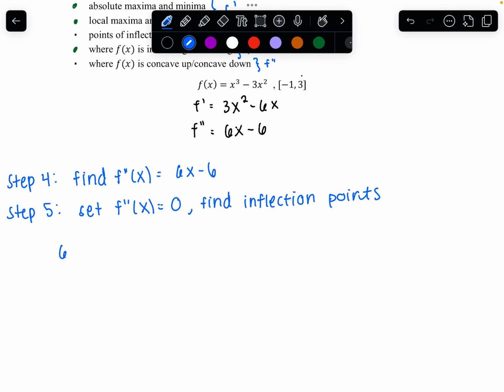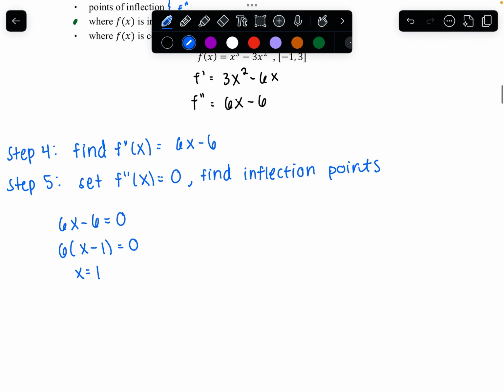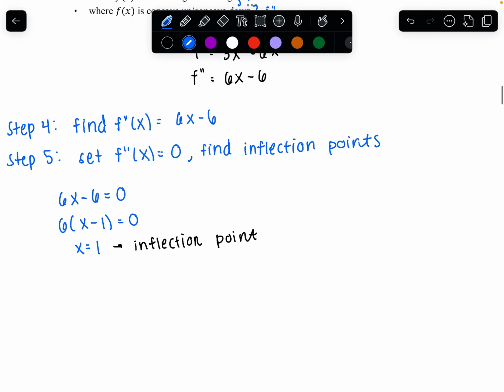Okay, 6x minus 6 is equal to 0. Let's take a 6 out just because we can. So we only have one inflection point, which is x equals 1. Okay. Step 6.